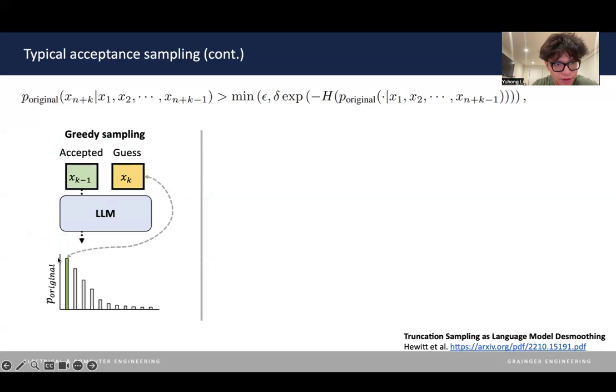So greedy sampling is very strict, right? The guess token from either speculative decoding or parallel decoding must match the top one result.